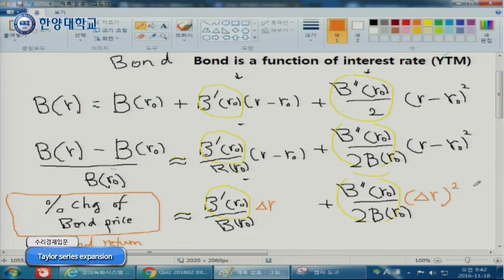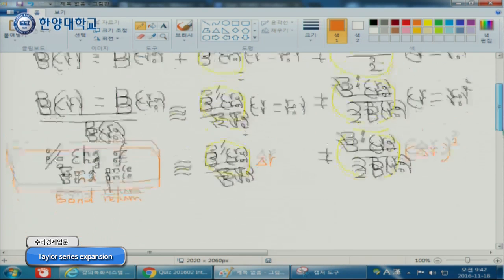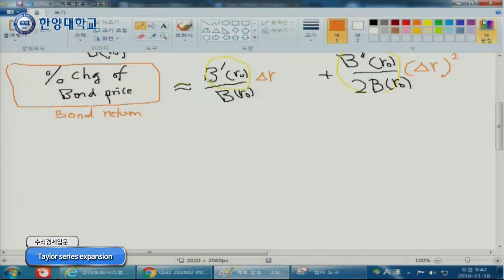So it is very convenient to write this one as minus D delta r plus 1/2 C delta r square. Here D is called modified duration.